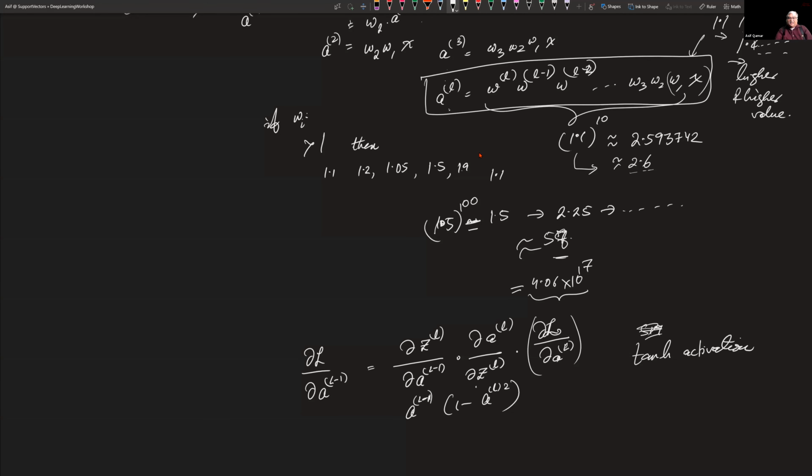Now think a little bit about this. If these activations begin to blow up at each layer as you go back, do you see that if I replace these activations with just the weights, you have a lot of weights, W1 to WL-1. Sorry, I should use a subscript.